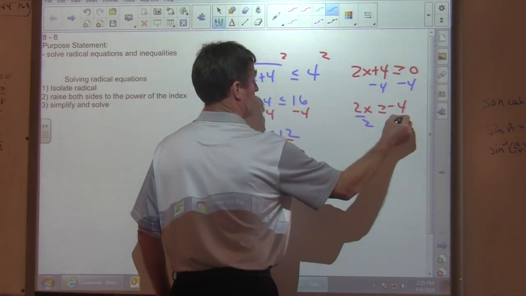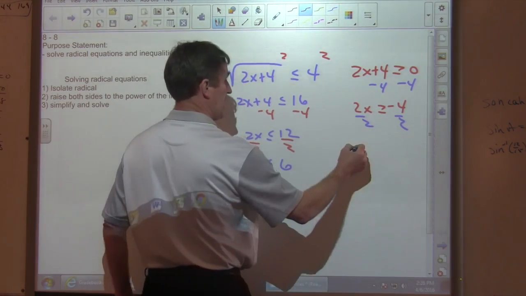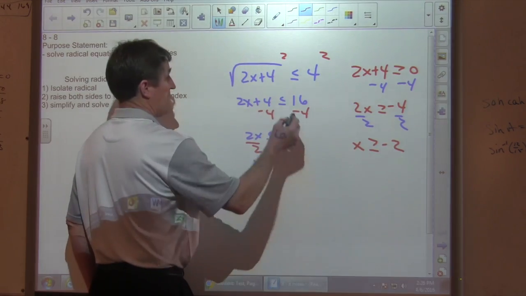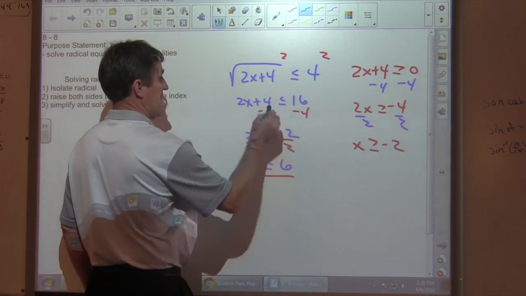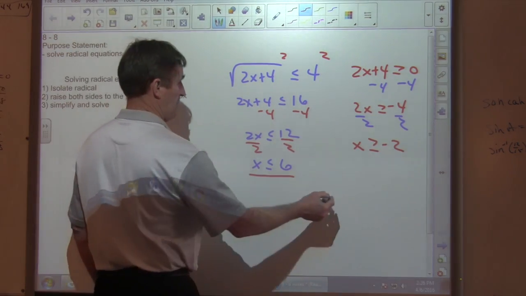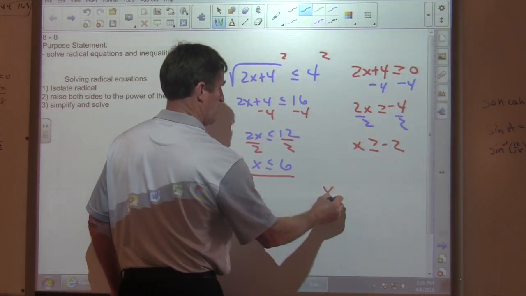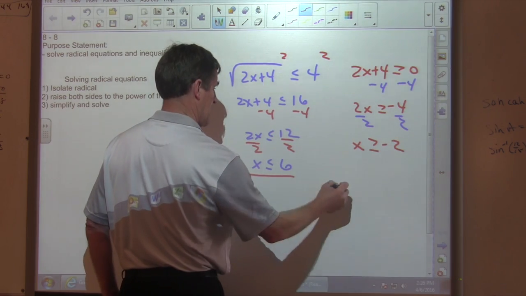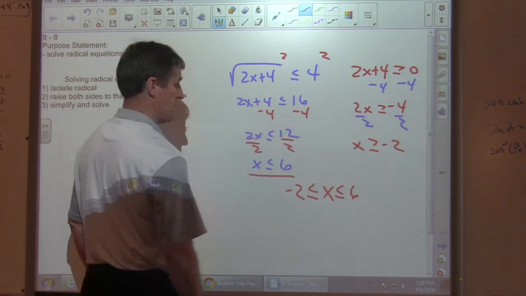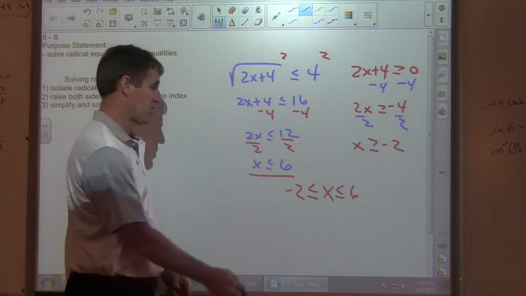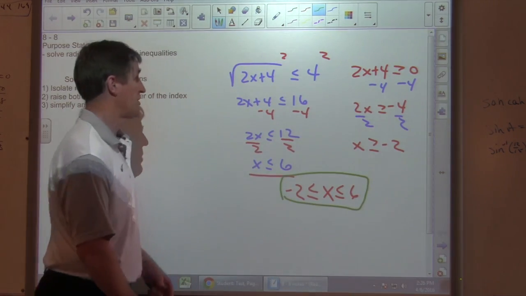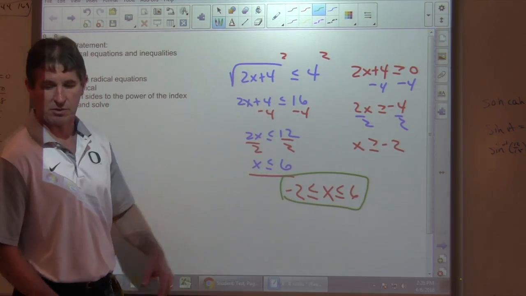And then divide by 2, and we get x is greater than or equal to negative 2. This is an "and" because we know that this has to be greater than or equal to 0. So that means we're going to combine these two. So x we know is less than or equal to 6, but it's also greater than or equal to negative 2. So we get our answer written this way. Remember, you can't take the square root of negative numbers.